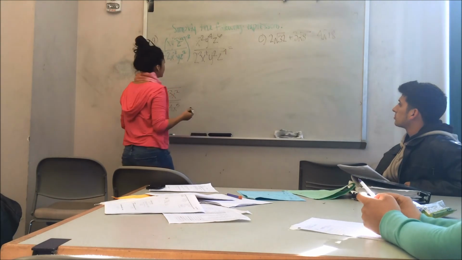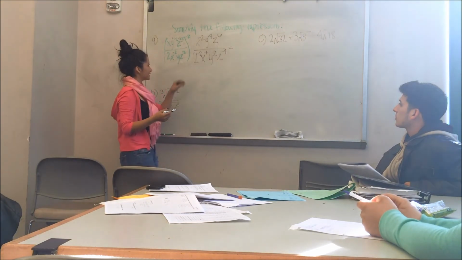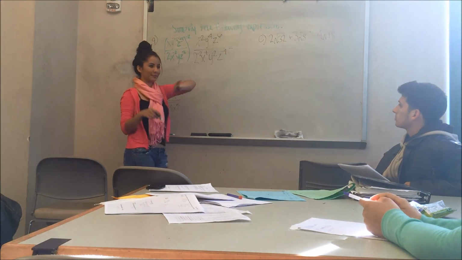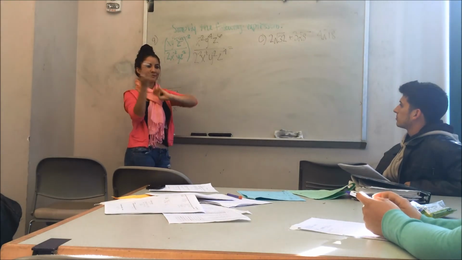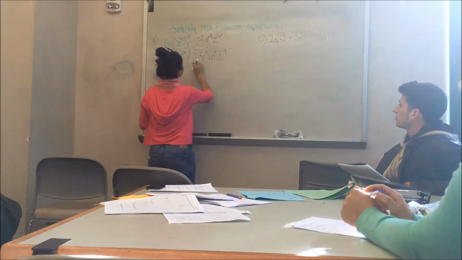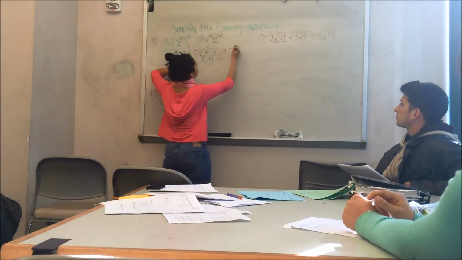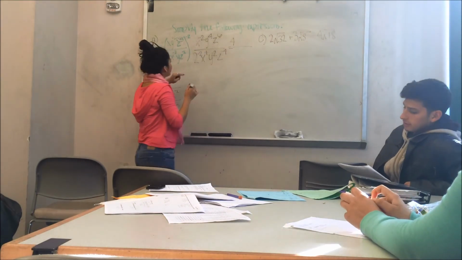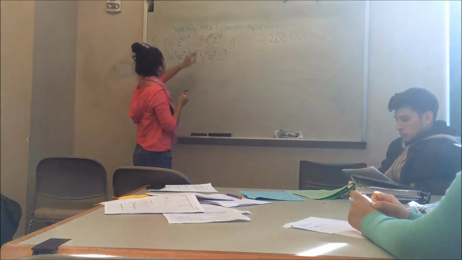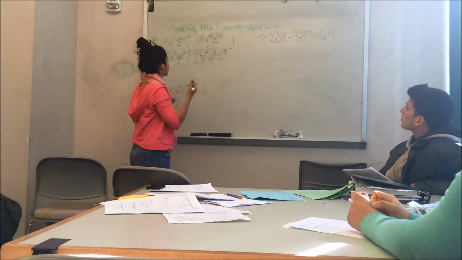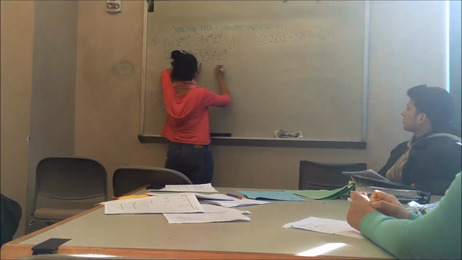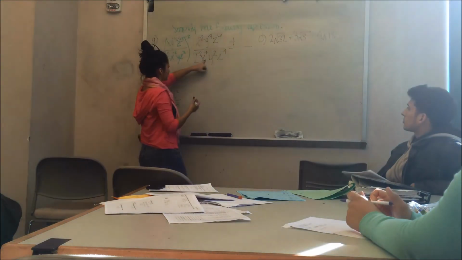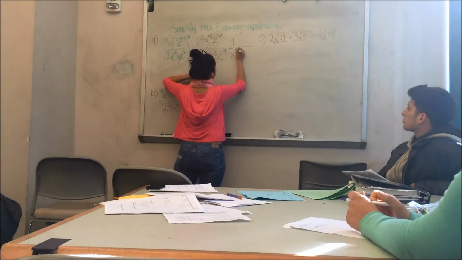So now what you're going to do is combine like terms and everything that's negative. If something's negative on the top, you're going to put it at the bottom, and if something's negative on the bottom, you put it on the top. So since this is negative, we will put it on the top, which will equal 4. And then here, since this is x to the -2, we're going to bring it down to make it x to the +2. And then when you combine like terms, you will get x to the 6th.